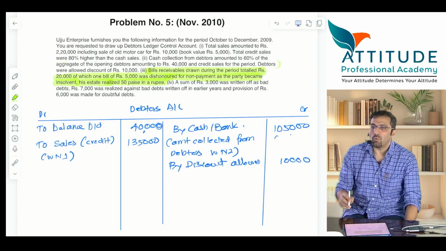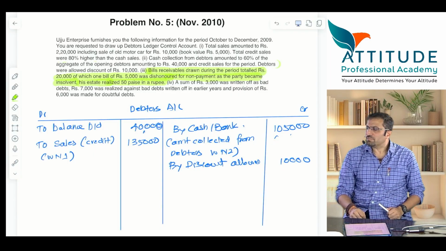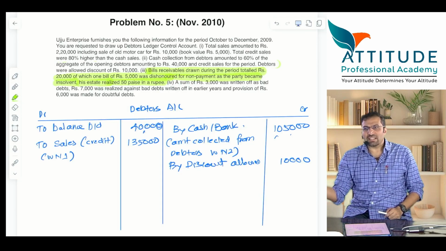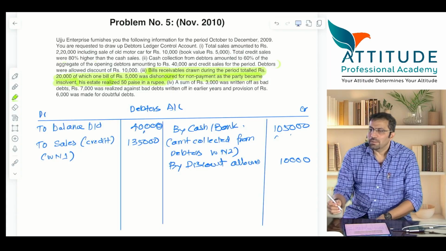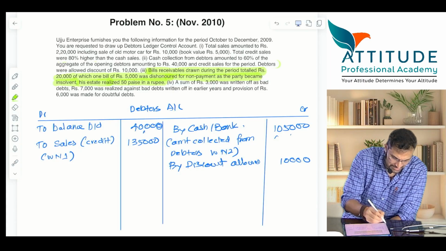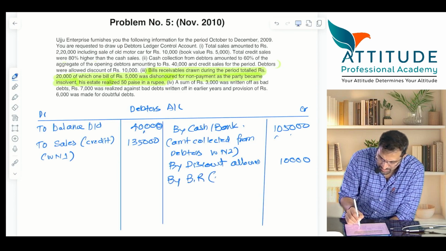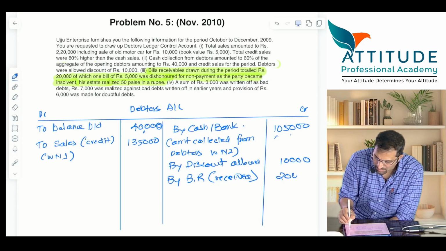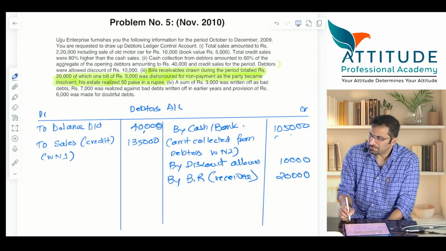One by one we'll take. How much is the bill drawn by you? You are drawing the bill on the debtor. Debtor signs it and gives it back to you. Entry. Bills receivable account debit to debtors. Very good. Pass it. By bills receivable received, 20,000. All of you agree? Correct.